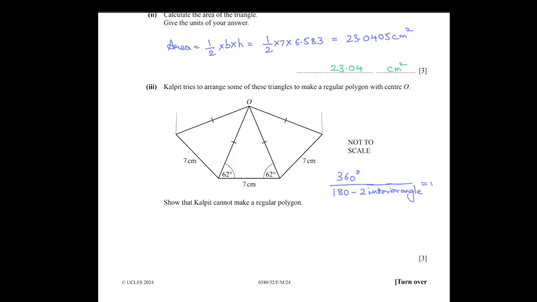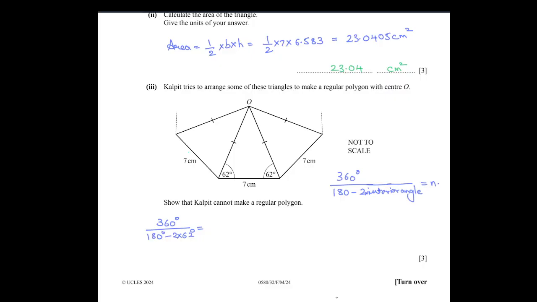This will be the number of sides n. So just follow that. 360 by 180 minus 2 into 62. Do it, you will get the answer in the calculator.